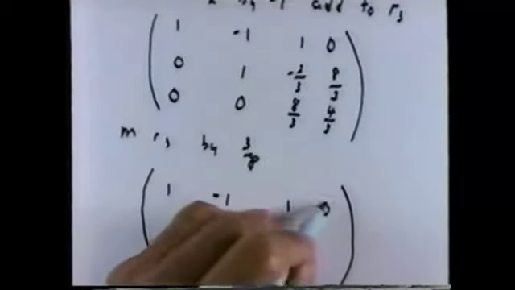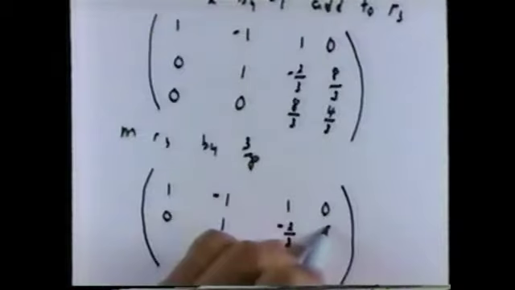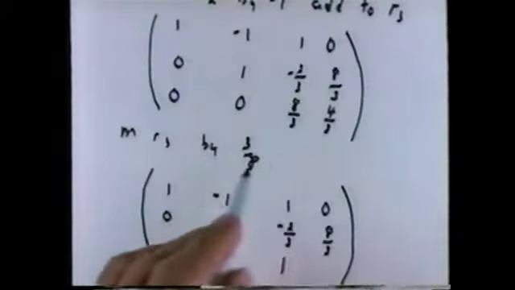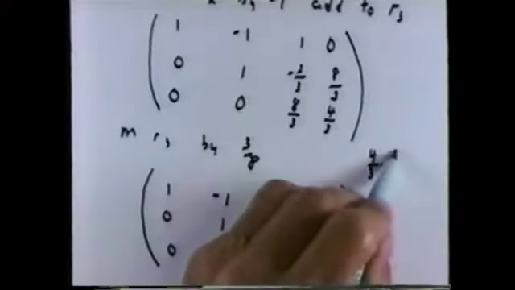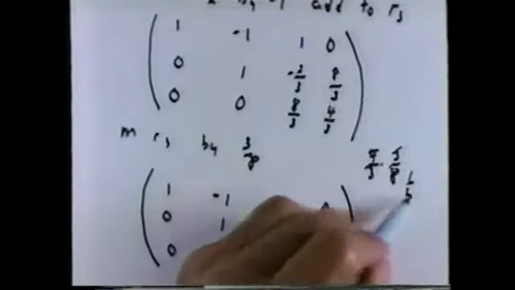So that would be 1, negative 1, 1, and 0, 0, 1, negative 2/3, 8/3, and 0 times 3/8 is 0, 0 times 3/8 is 0, 8/3 times 3/8 is 1, 4/3 times 3/8, so if I multiply 4/3 times 3/8, I get 1/2.